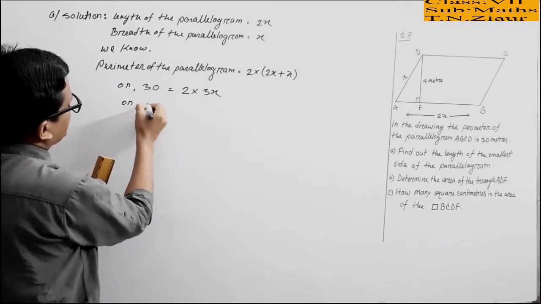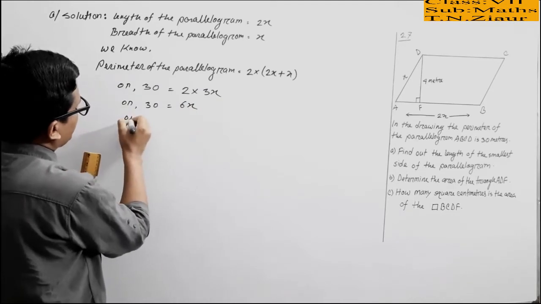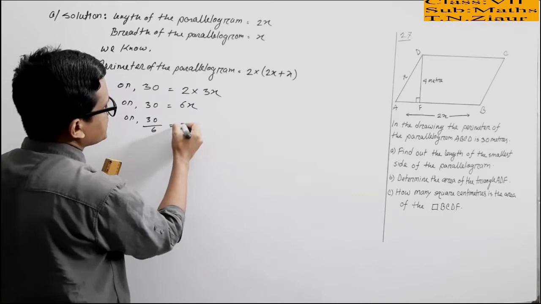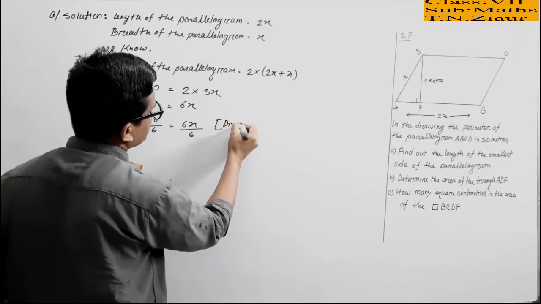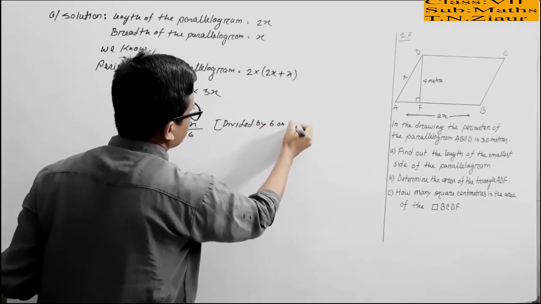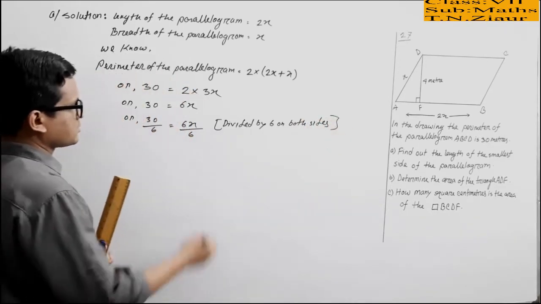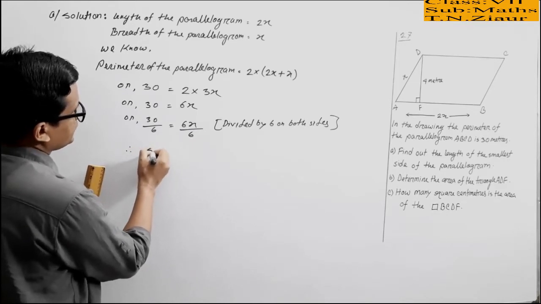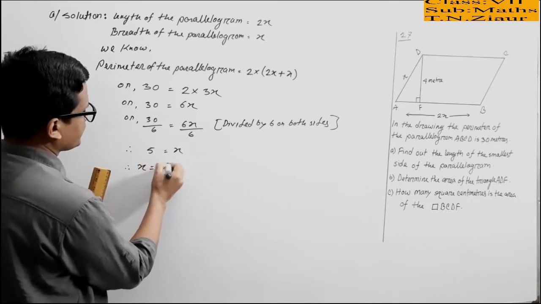So we can write 30 equal to 6x, and divide by 6 on both sides. What will be, students? Therefore 5 is equal to x, so x is equal to 5.